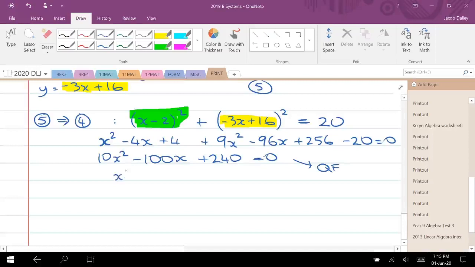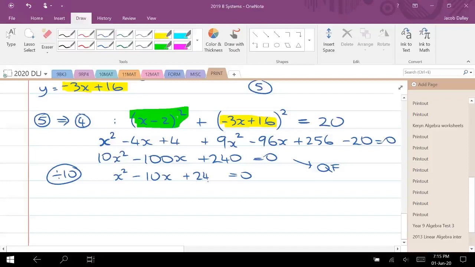So if we divide by 10 across all the terms, we're going to get x squared minus 10x plus 24 equals 0. And this is actually a basic quadratic that we can solve fairly easily.